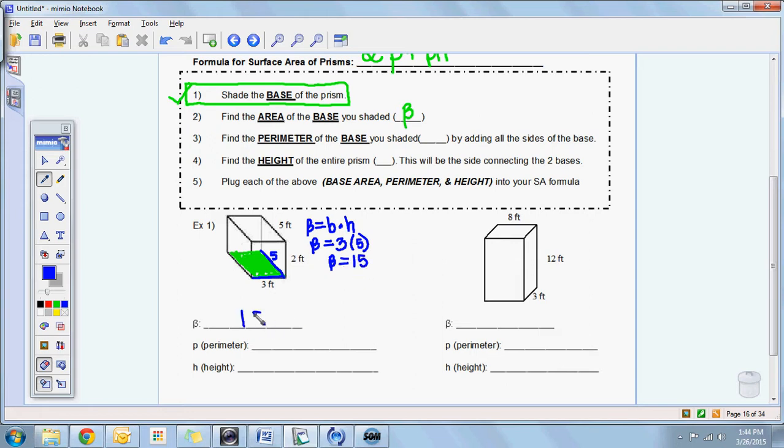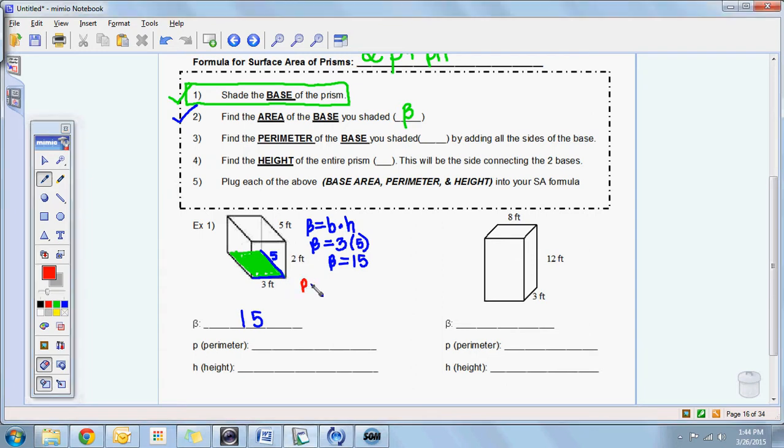That's why we spent so much time calculating area of all these shapes, because you need it for surface area, okay? Now we're going to jump and do the perimeter. So we did the base area. We're going to do the perimeter of this shape down here that you shaded. So we're going to keep dealing with that bottom shape. So the perimeter is going to be adding up all the sides of that shape that you shaded.